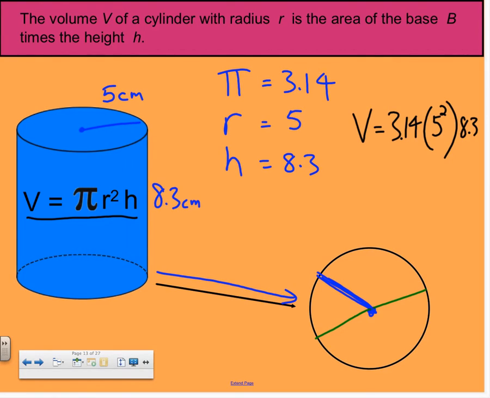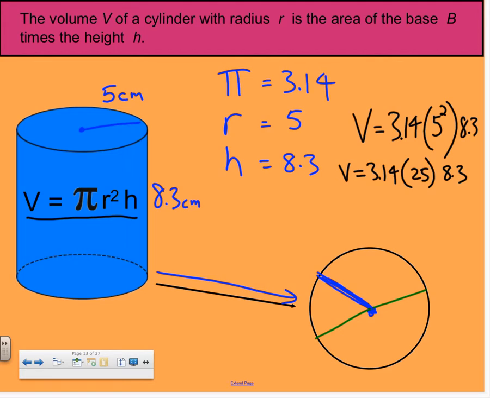Okay, now it's just a matter of doing some math. All right, 5 squared is the same as 5 times 5. So we know that's going to equal 25. So now we have V equals 3.14 times 25 times 8.3.